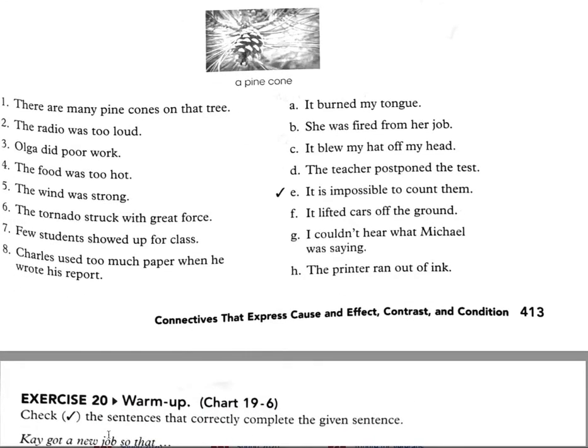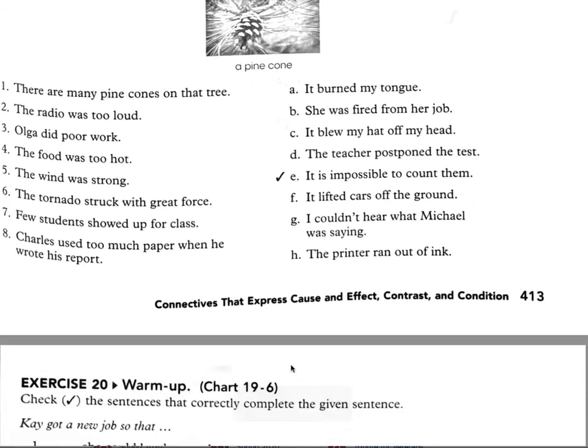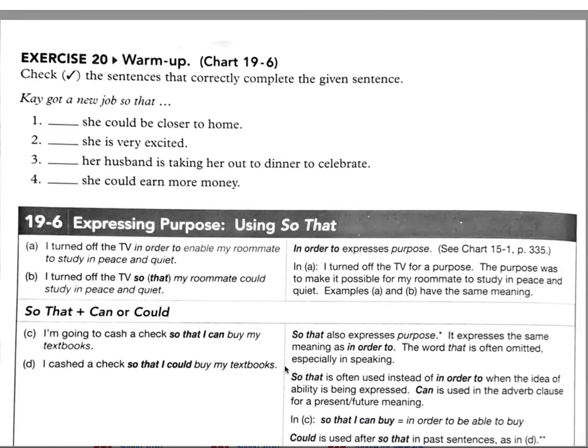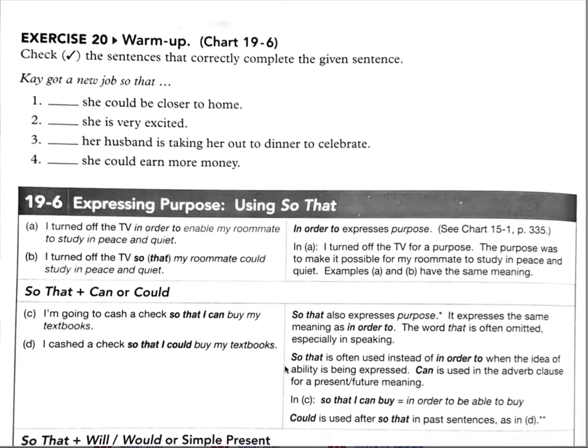If you'll turn to page 414, please. Here we have exercise 20, which is a warm-up. It says, check the sentences that correctly complete the given sentence. Kay got a new job so that, okay.